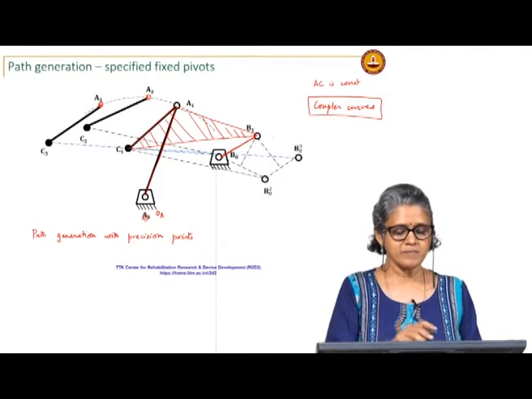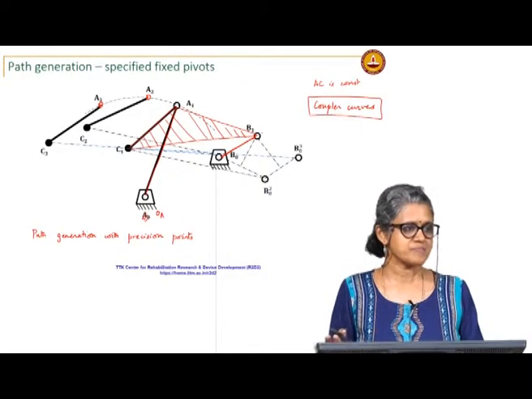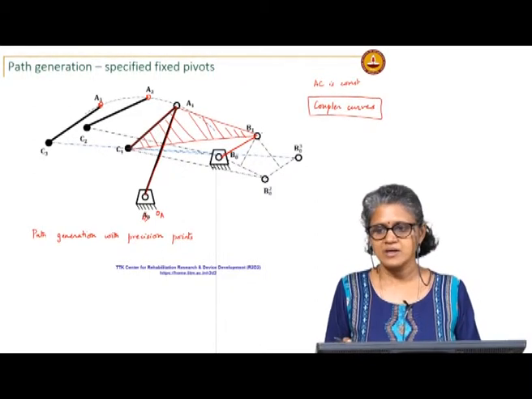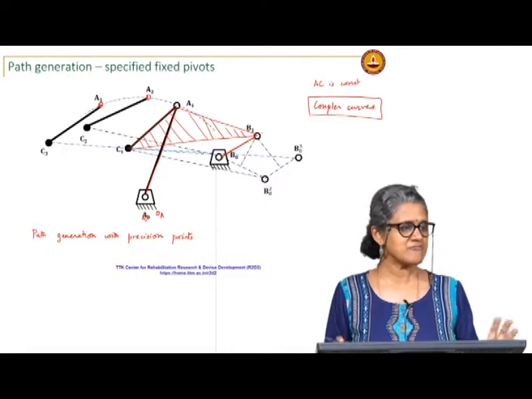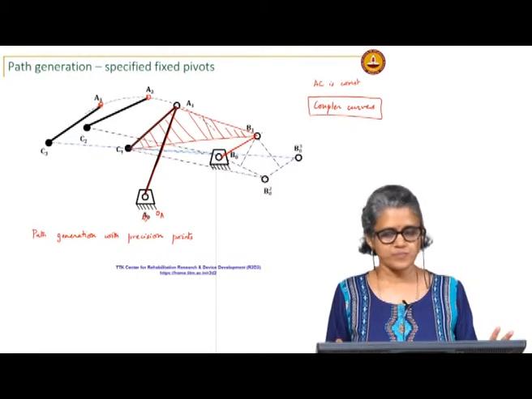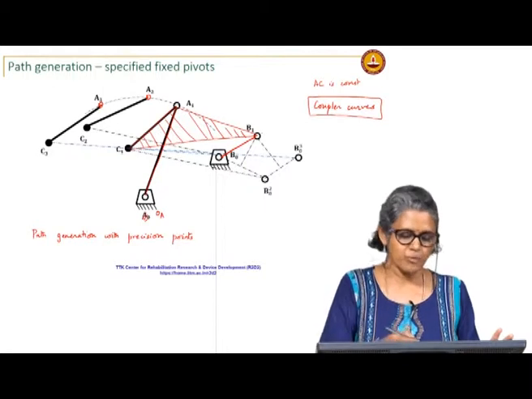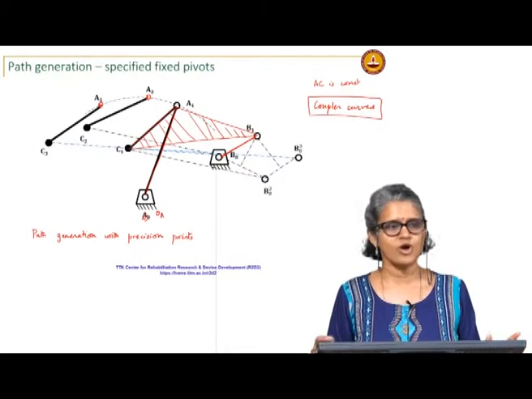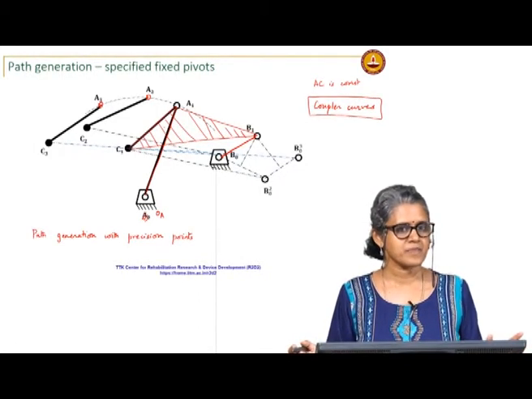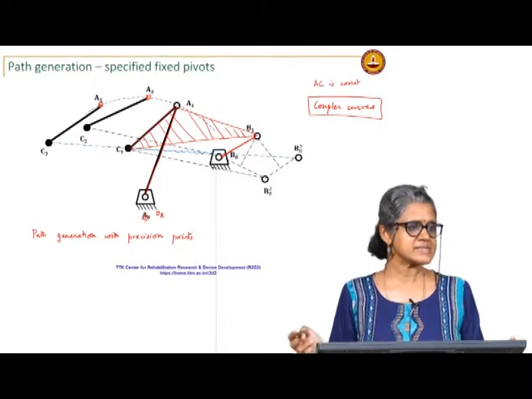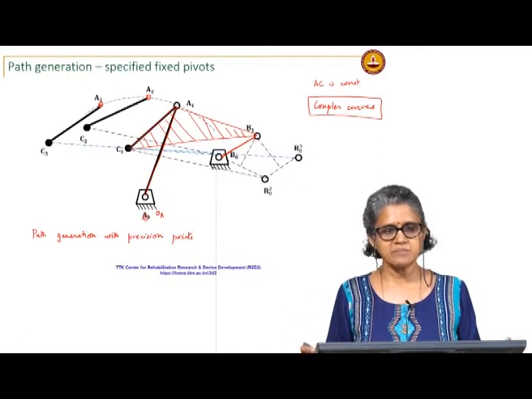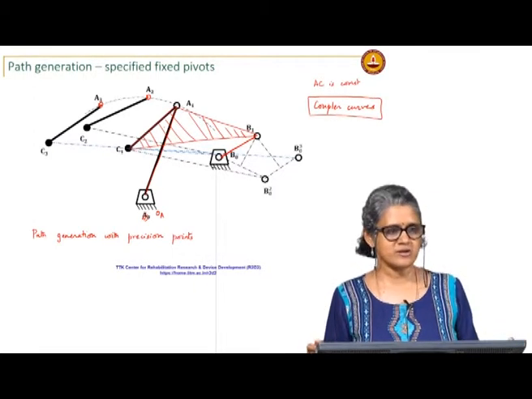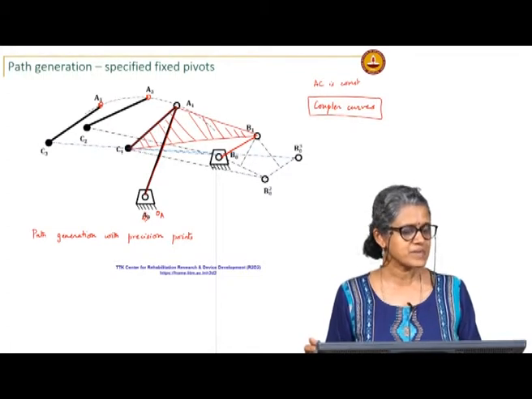Okay. And the coupler can have very interesting motions. You can have points on the coupler tracing very fancy curves. Points on the crank or the follower are pretty boring, all of them trace circular paths. But the curves generated by the coupler can have very interesting characteristics, and we will actually spend quite a bit of time on that later.